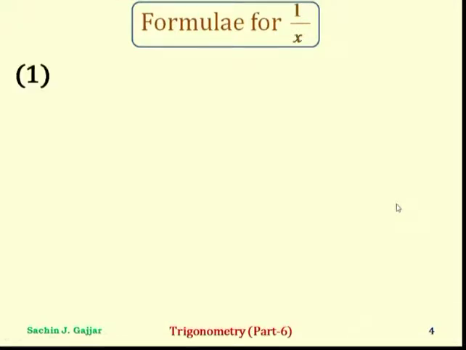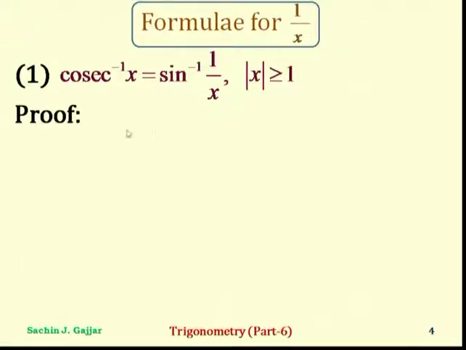So the first result was cosec inverse x equal to sine inverse 1 upon x, where mod x greater than or equal to 1. Proof. Suppose cosec inverse x equal to theta.